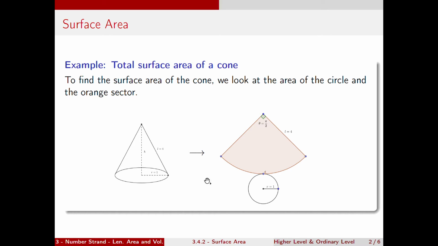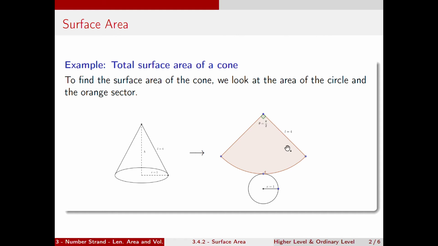So what we've done is we started with the cone and we've now got the net of a cone, the net of this solid. So this orange sector was the curved area of the cone and the circle below is the base of the cone. Now when we do this, if we look at the left hand image of the cone, we see that L is 4.